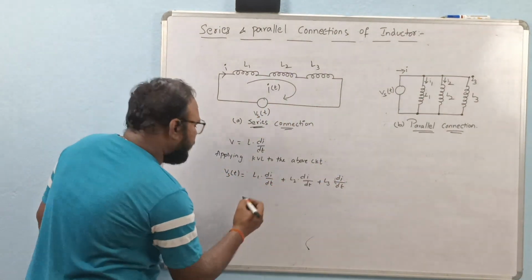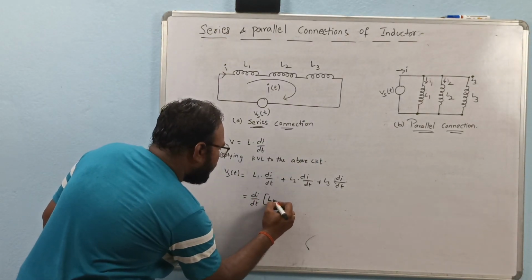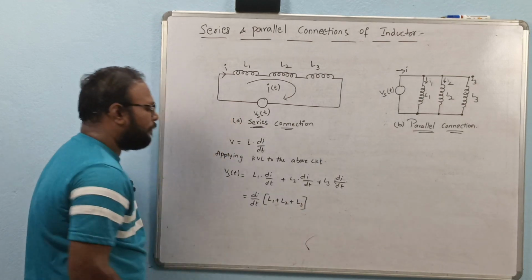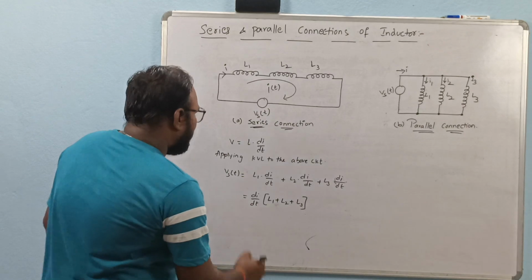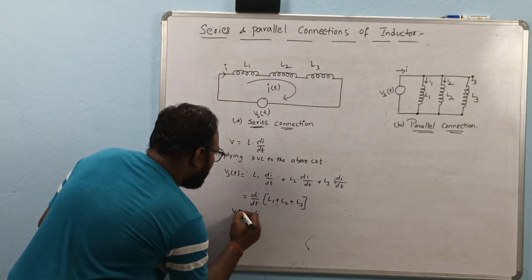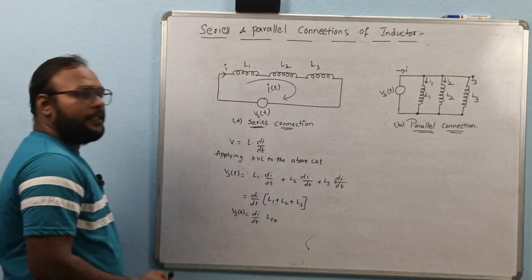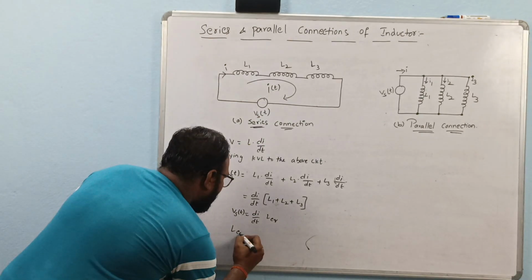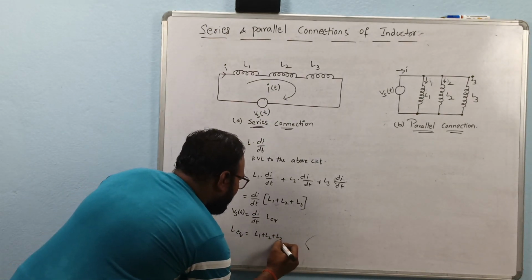Now if you take di by dt common, it becomes L1 plus L2 plus L3. So Vs of t is equal to di by dt into L equivalent, that means L equivalent is equal to L1 plus L2 plus L3.